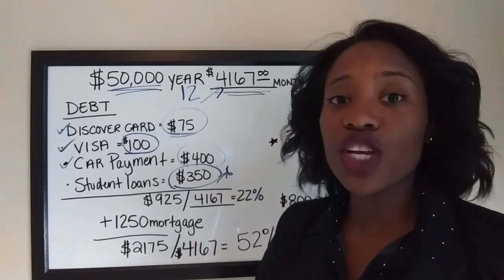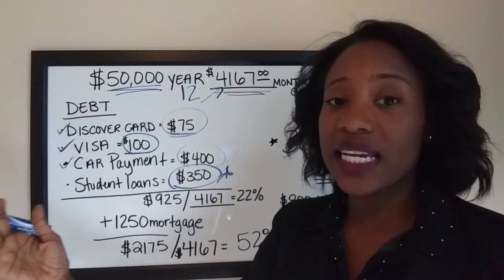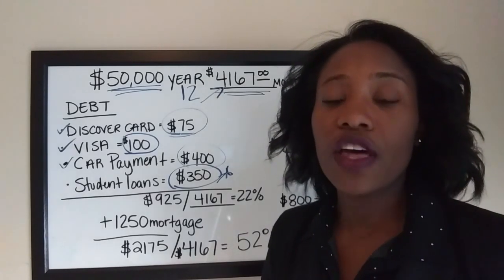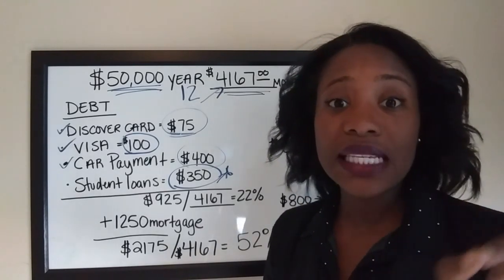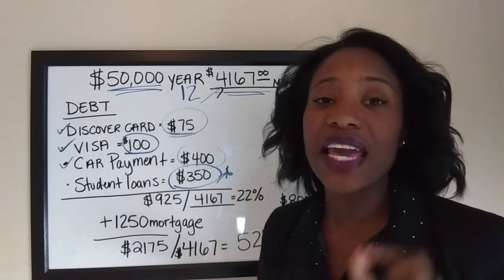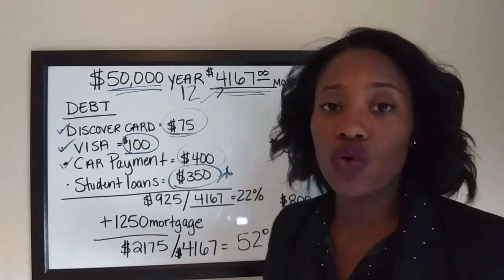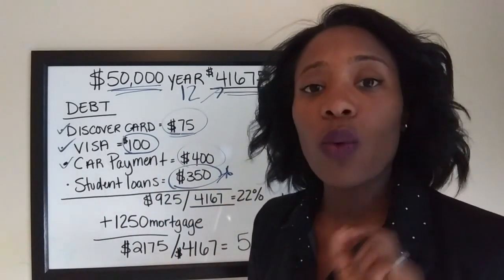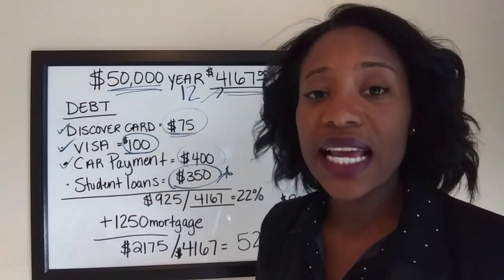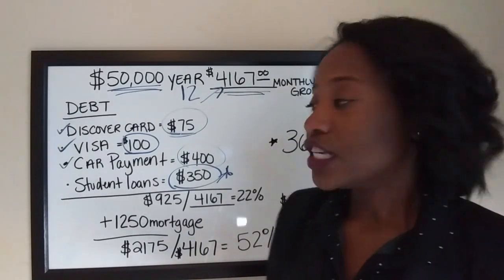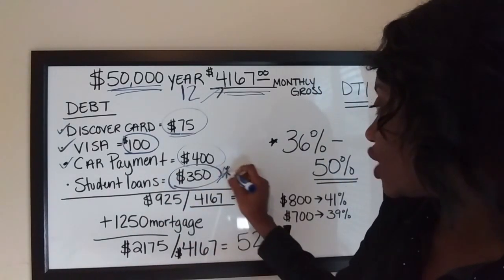And that will bring your debt to income ratio really high, because they never know when you're going to get out of your repayment. I'm going to do a whole thing separate on how they calculate student loans into your debt to income ratio. But for right now, I want to make sure you understand how to calculate your debt to income ratio in the first place, okay? So the student loan payment is $350.